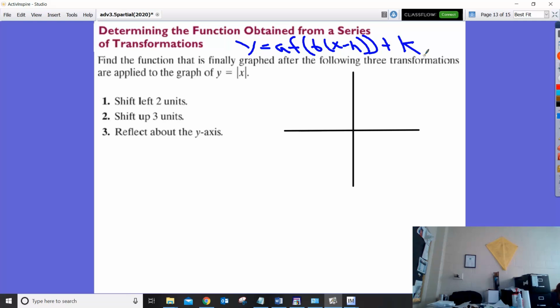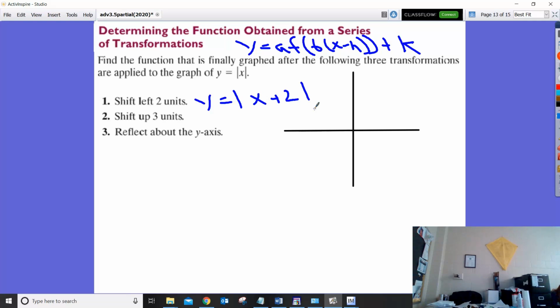How do you shift left 2? Plus 2, where? What does the h stand for? Horizontal, isn't it? One way to think about it: h is for horizontal. This would be y equals absolute value of x plus 2.